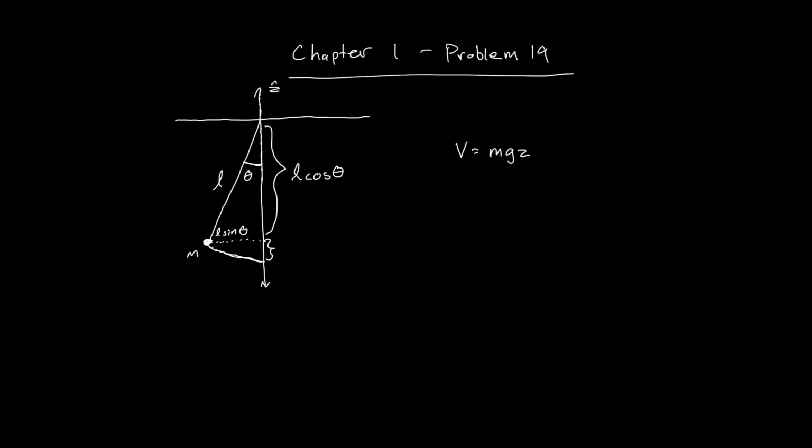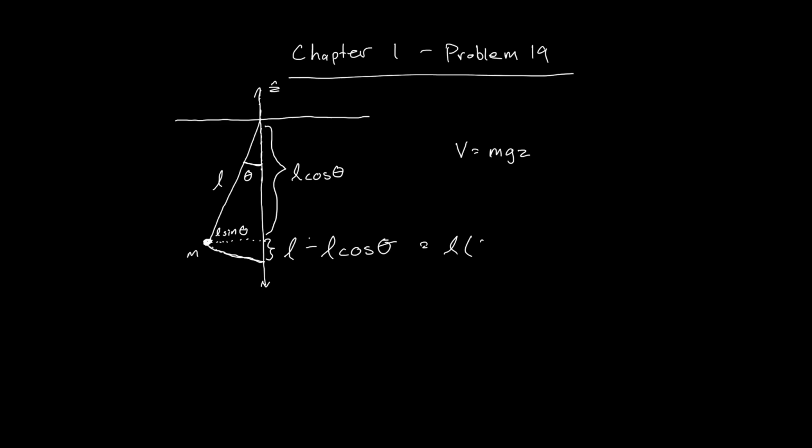And so if it's at our lowest, then we have it when it's straight down. So this distance here, the smaller distance, is L minus L cosine theta. So it's the full length minus the partial length that it extends to.